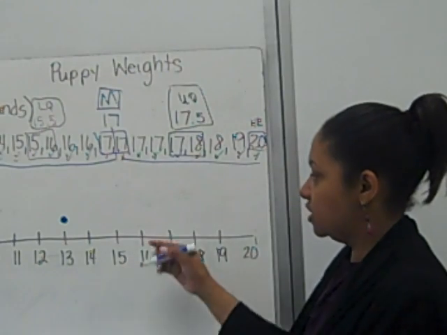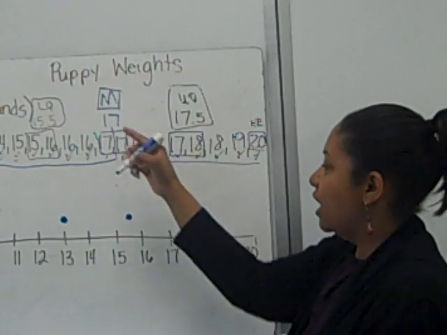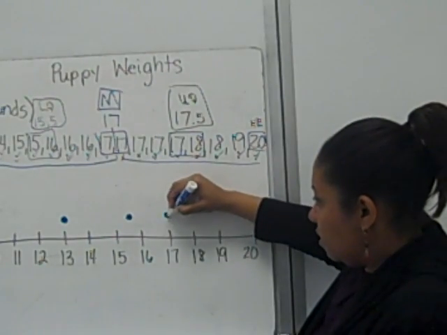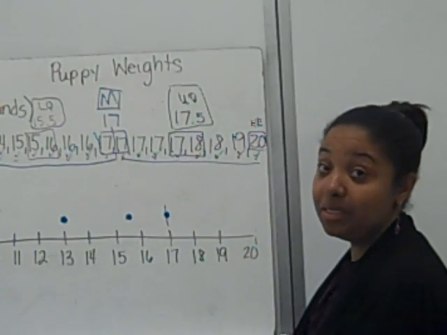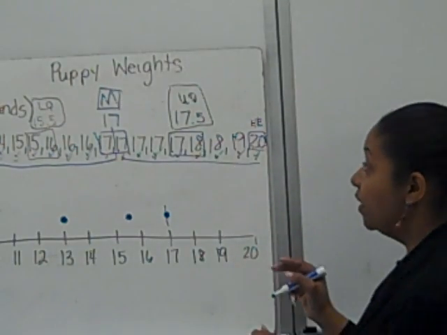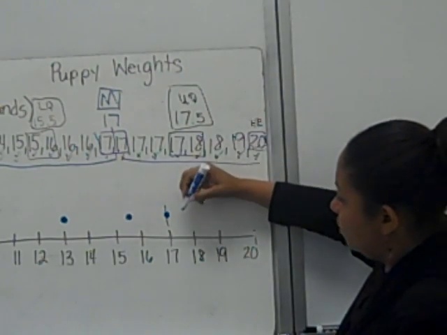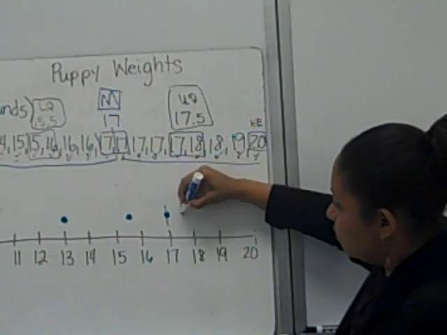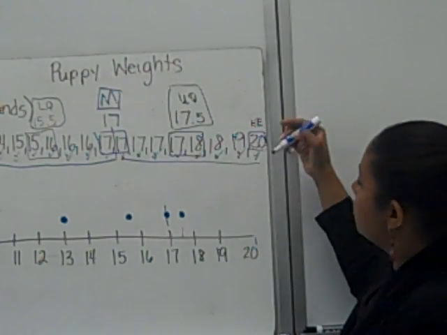Here's 15, 16, so 15.5 right there. Then we have 17 right there. I'm going to put a line through that because that lets me know that's my median. Okay, it keeps you in line. Then my 17.5, that's going to be my UQ. I'm going to put it right here in between 17 and 18. And then 20.